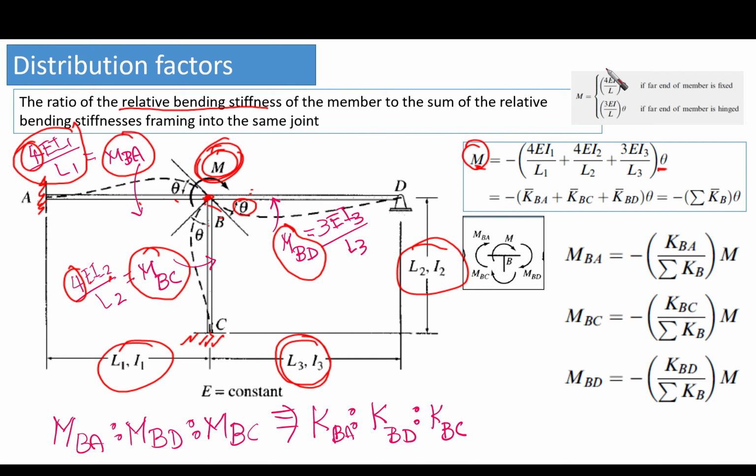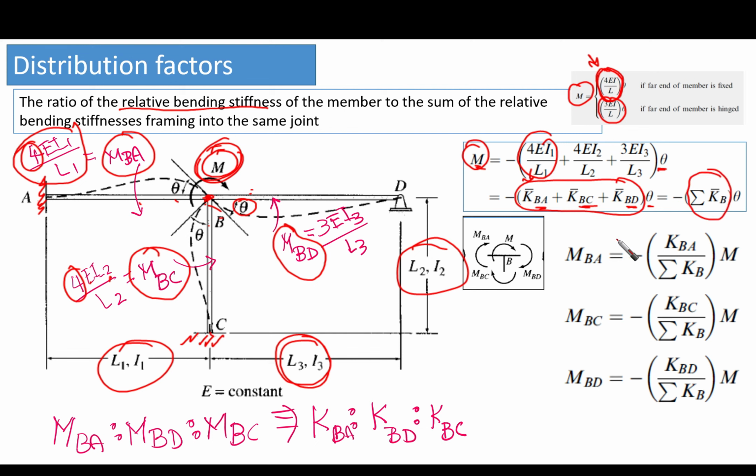It is already from the previous equation in the previous slide, right? This is the bending stiffness times theta equals the moment. And this bending stiffness for each member is given here. It is the bending stiffness K bar BA plus K bar BC plus K bar BD, times theta. If we collect all of them, they are going to be the summation of K bar.